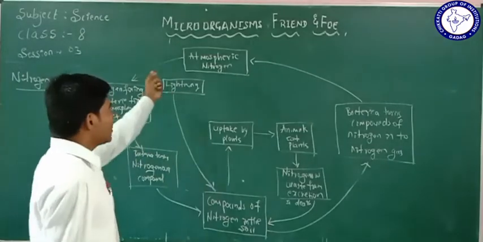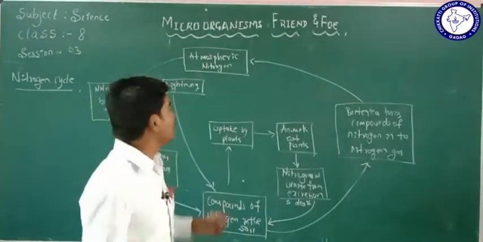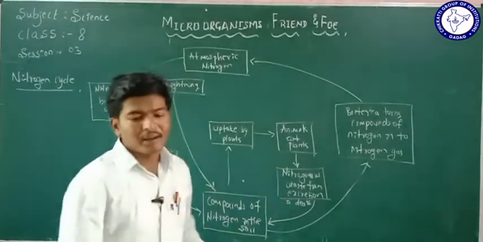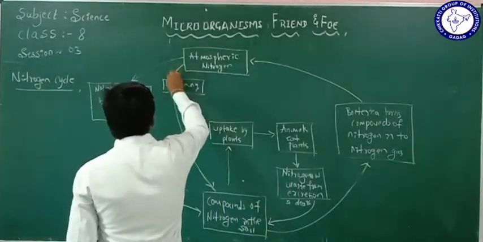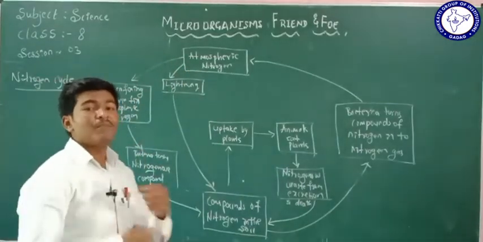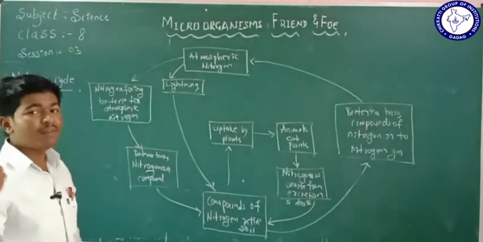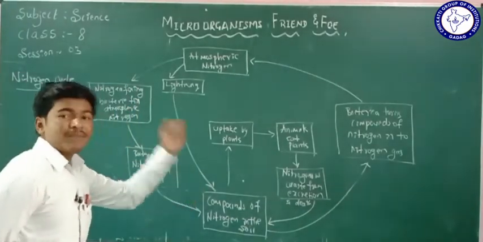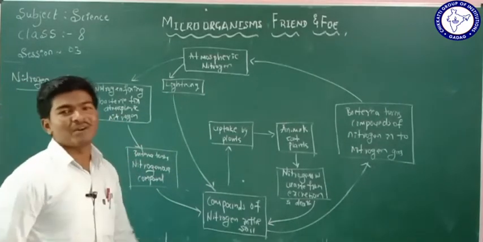The atmosphere contains about 78% nitrogen. By the lightning process, some of the nitrogen comes towards the earth's surface, or it is mixed with the soil, and that nitrogen is utilized by some of the microorganisms and converted into a nitrogenous compound.